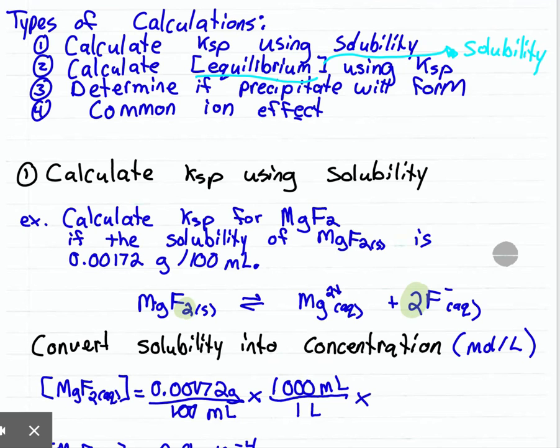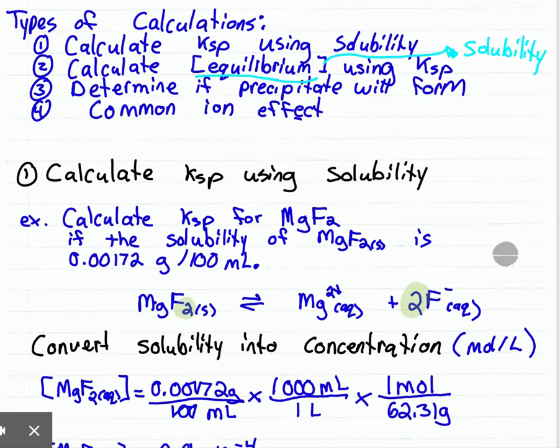So now we're going to use our molar mass as a conversion factor to convert our grams into moles. I already calculated it, and I know that our conversion factor is 62.31 grams per mole. Now I have grams on the top, and I need to convert it into moles, so I'm going to put the 62.31 grams over 1 mole.